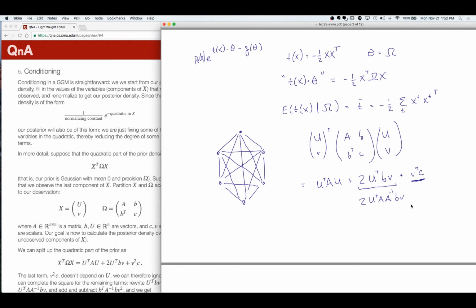And so what we have to do then is add u transpose A, we have to add the last term, which is v B transpose A inverse A inverse B v, and minus the same thing.